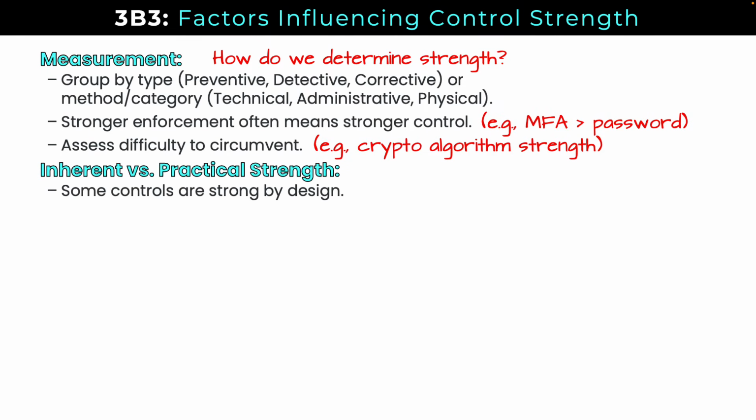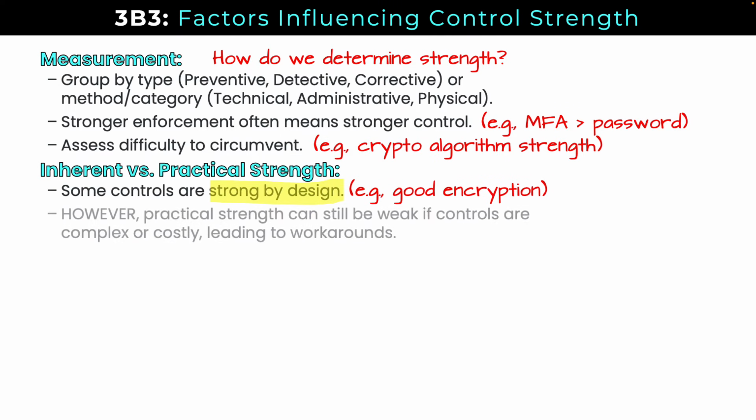So some controls are strong by design, like good encryption. However, practical strength can still be weak if the controls are complex or costly and result in workarounds, because employees will work around controls that impede their productivity unnecessarily.